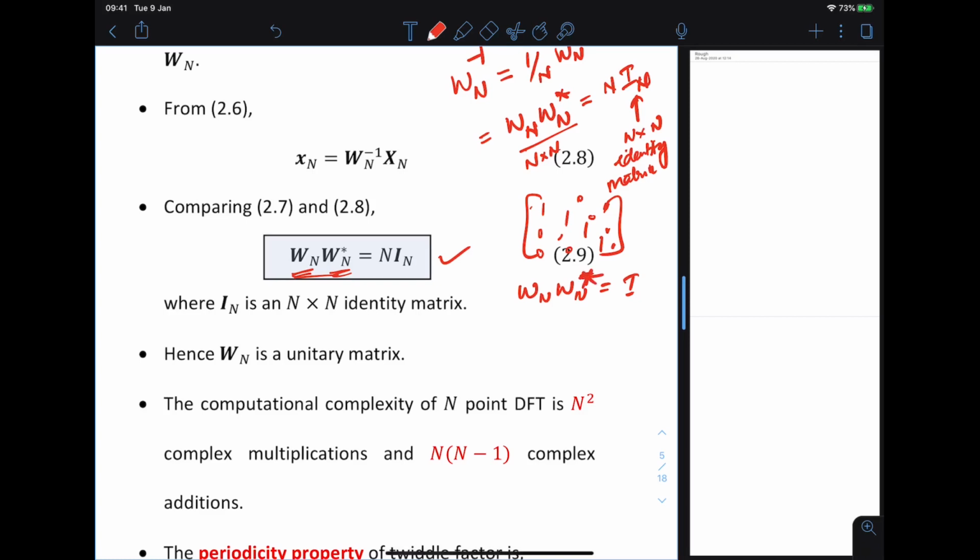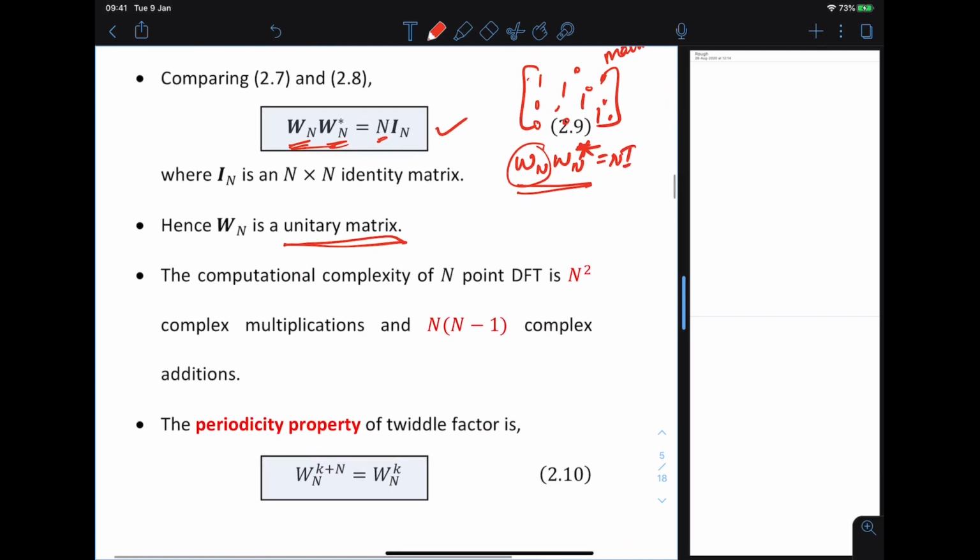The only other difference is that instead of I we have a scaled I, that is N into I. Since the elements are complex numbers, it is the equivalent of orthogonality. If the elements in W_N were real numbers, it would be known as an orthogonal matrix. But here the elements will always be complex numbers, because it is e raised to j theta, that is cos theta plus j sin theta. So W_N is a complex matrix. Instead of orthogonal, it is known as a unitary matrix. That is the equivalent of orthogonal in the complex domain.